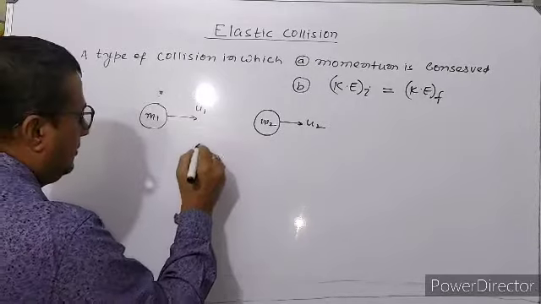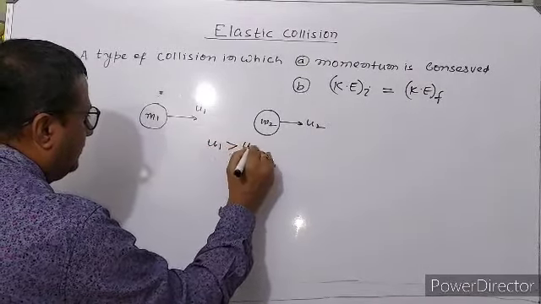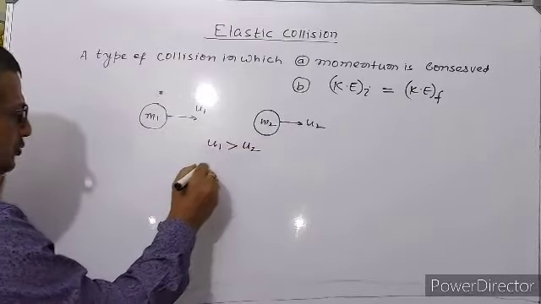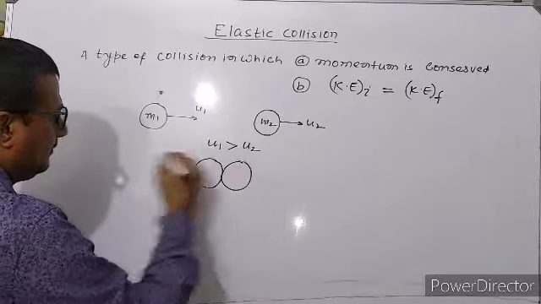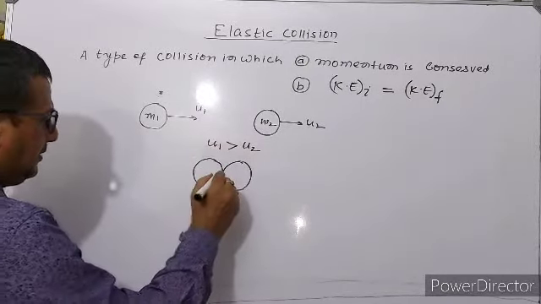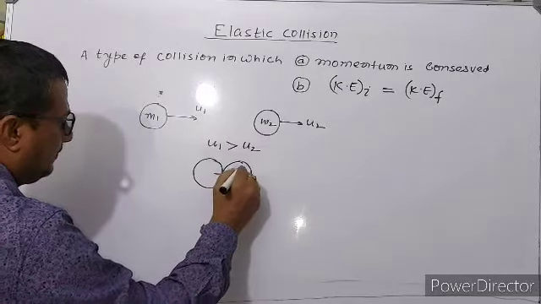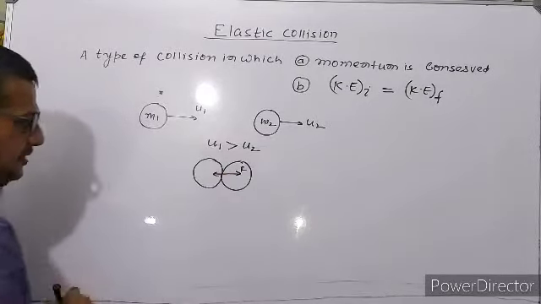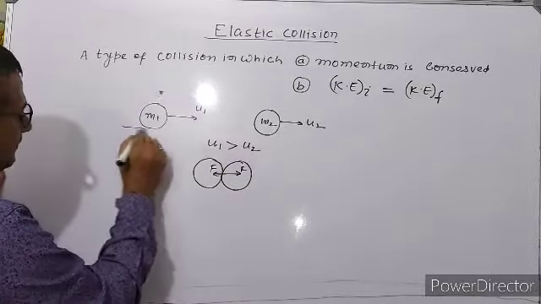Now, if u1 is greater than u2, then the two bodies collide with each other. At a particular point, both bodies will collide. Both bodies apply force to each other, equal and opposite force.